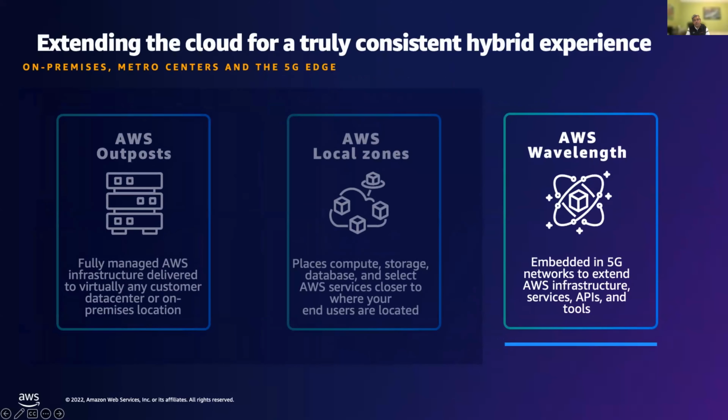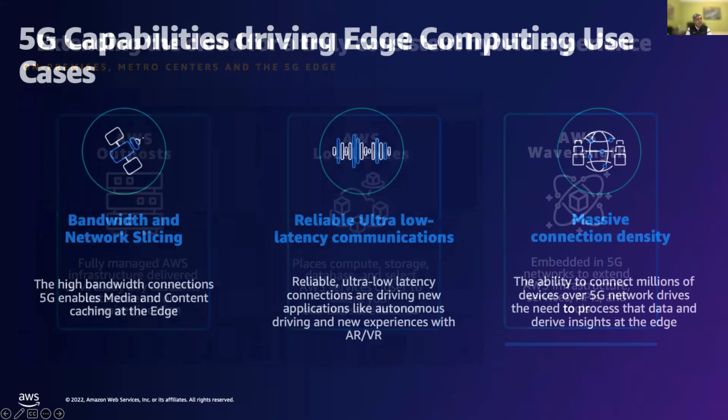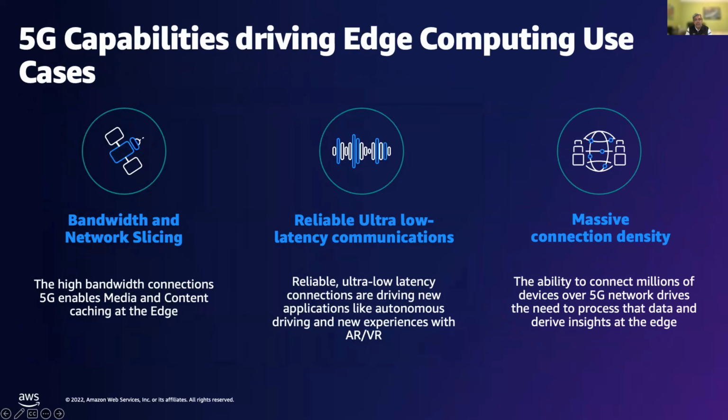Now, coming to highlight a little bit on the AWS Wavelength piece of it, 5G capabilities today have opened the door for so many opportunities. So we want to make sure that Wavelength, which leverages 5G capability, is able to help customers leverage the underlying 5G technology.